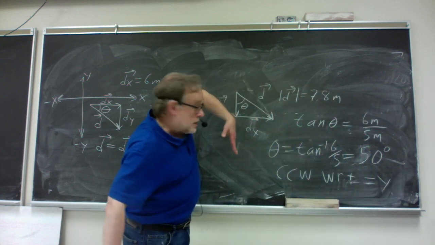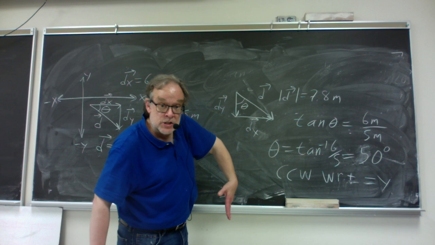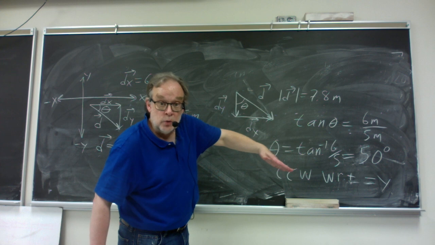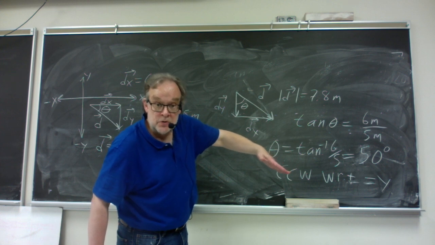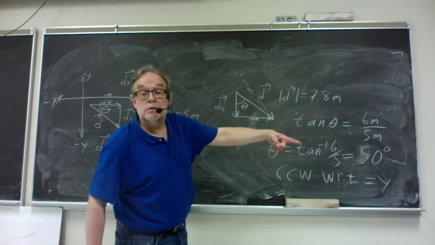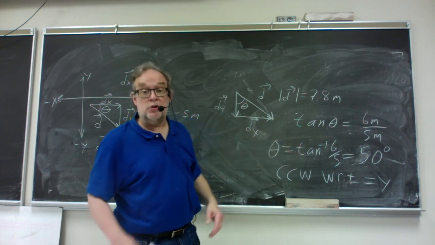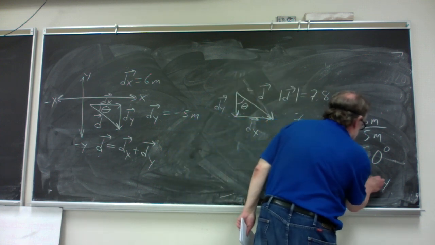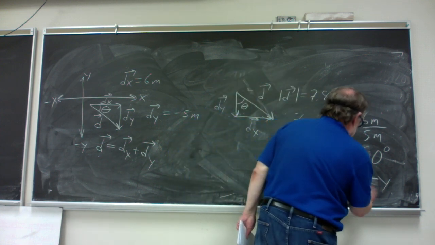That is, start by pointing in the minus y direction, rotate counterclockwise by 50 degrees, and then you're pointing in the direction of the displacement vector d. The direction angle is 50 degrees counterclockwise with respect to minus y. Can't forget that minus.